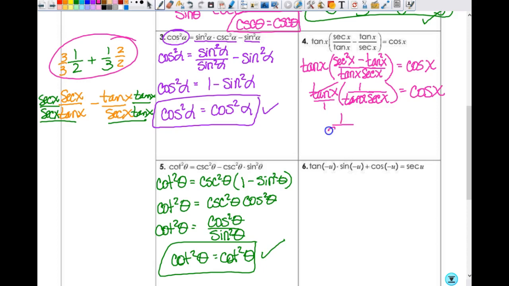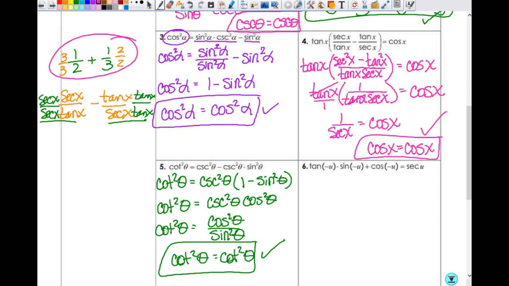Yes. So 1 over secant x equals cosine x. So cosine x equals cosine x, and you're done. Okay, everybody good so far? Any questions at all?